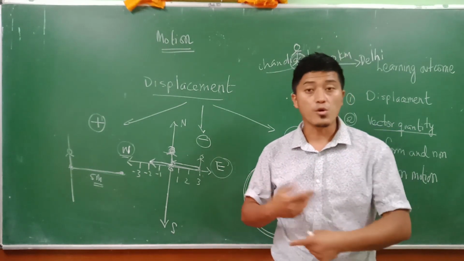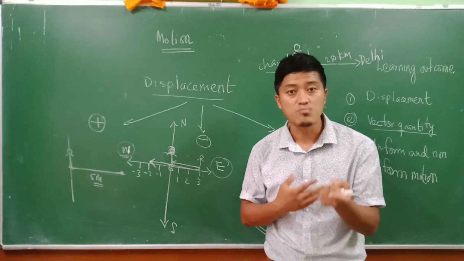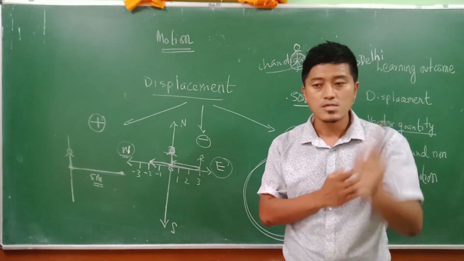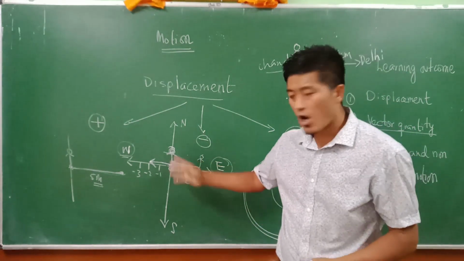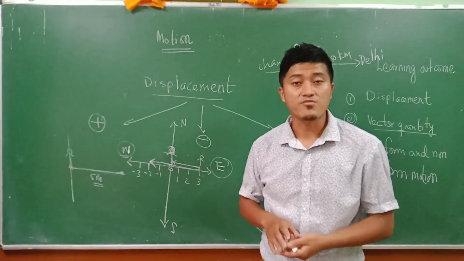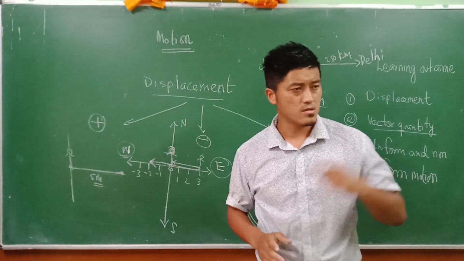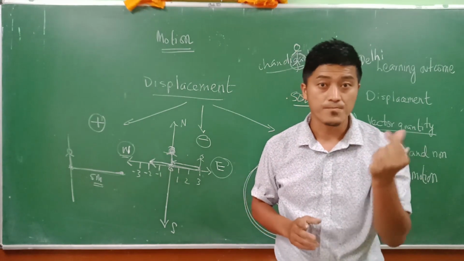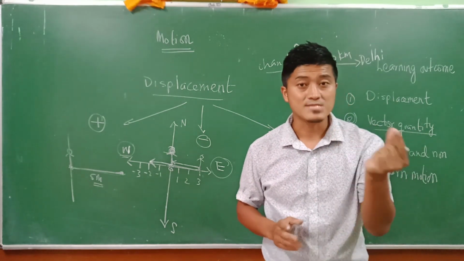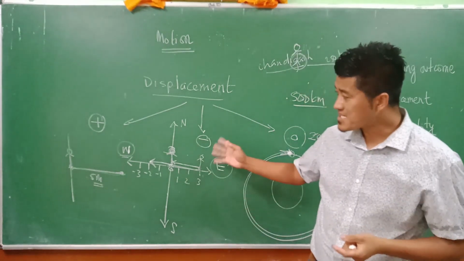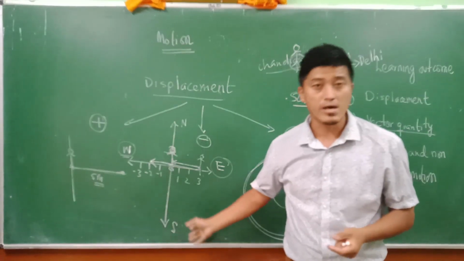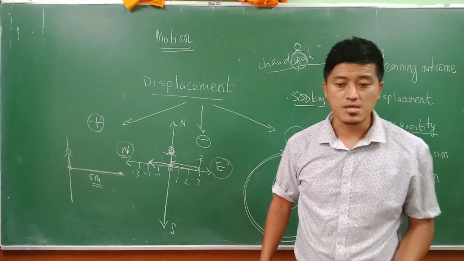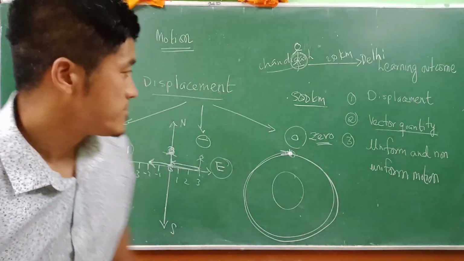That means I'm giving you clear information about where he is moving, that is towards the north. Or a dog is covering a displacement of 300 meters towards the south. So I'm giving you displacement, magnitude as well as direction. That kind of situation is what we call a vector quantity. This is another kind of quantity.